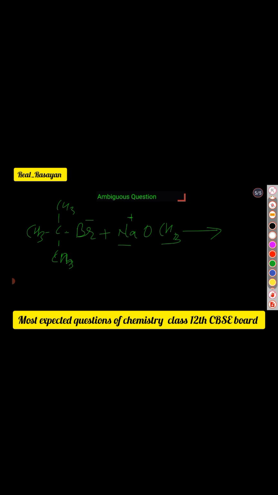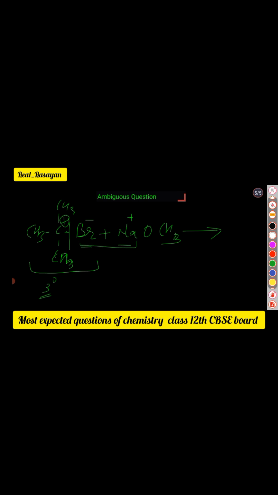This is metal having positive charge. This is halogen having negative charge. Now you have to find the breakdown of this alkyl halide and formation of the carbocation. If tertiary carbocation is there, that is the most reactive carbocation and gets stable easily. So it will form the alkene.